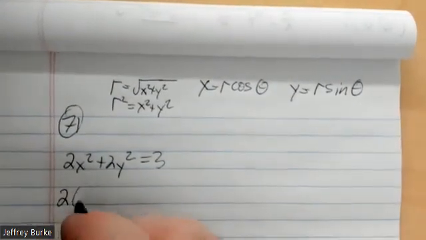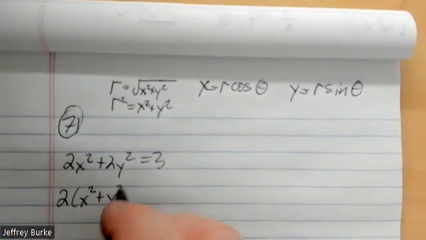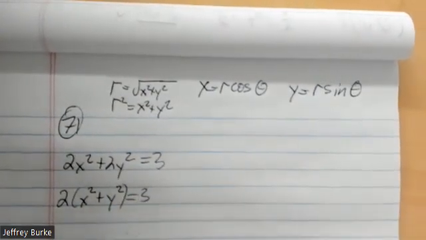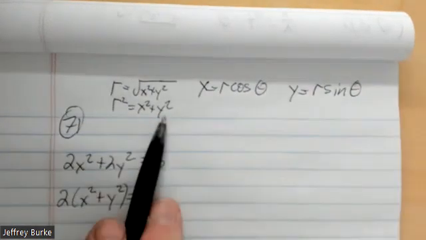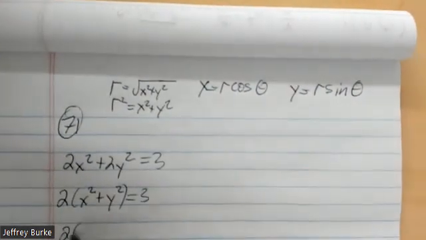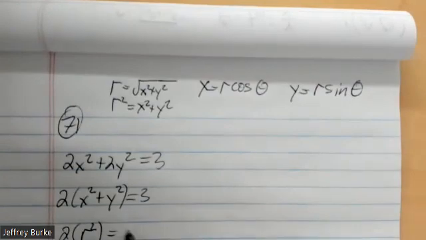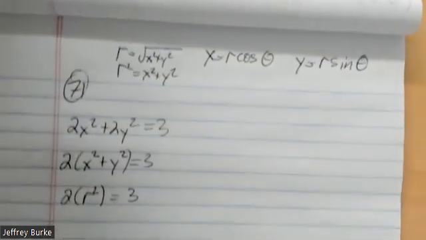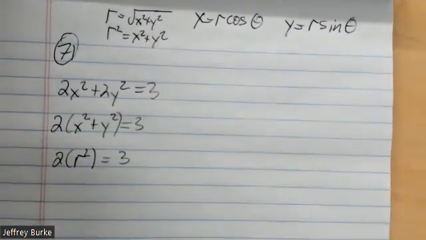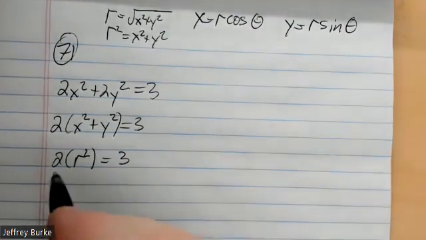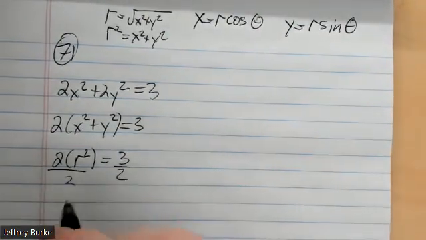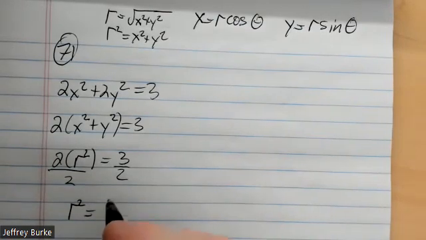That's gonna be 2 times x squared plus y squared equals 3. Well, I know x squared plus y squared is equal to r squared, so I can write this as 2 times r squared equals 3. If I divide both sides by 2, I get r squared is equal to 3 over 2.